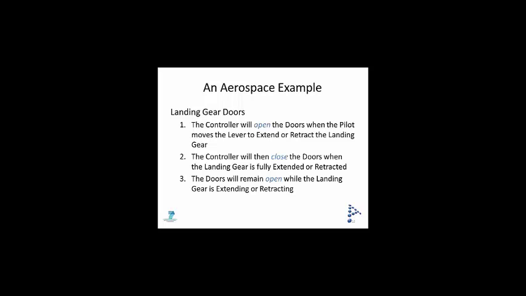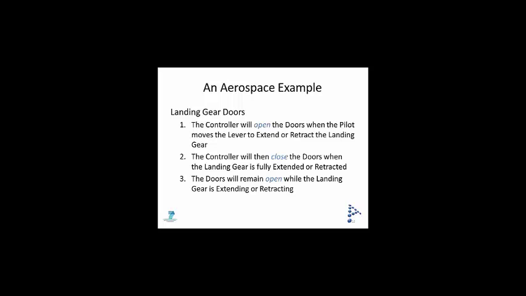What you want to do is establish with the domain experts what are the critical things that we need to control. What is the controller going to control? The controller is going to open the doors of the landing gear when the pilot moves the lever to extend or retract the landing gear. So the pilot pulls the lever to extend. First, the doors are going to open. The controller then closes the door when the gear is fully extended or retracted.